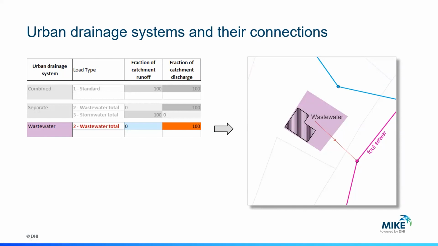Second remark, in principle, you could also use a standard link here. If this catchment creates no runoff, because you have chosen the hydraulic parameters so that it doesn't create any runoff, then there is no need to use a wastewater pipe. You could also use a standard pipe because there is no runoff to hold back from the system.